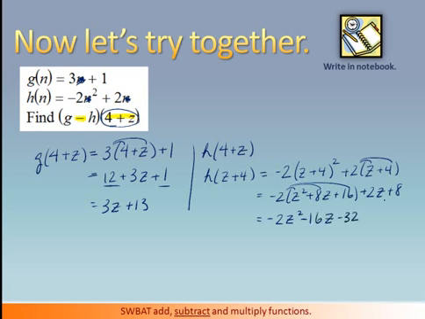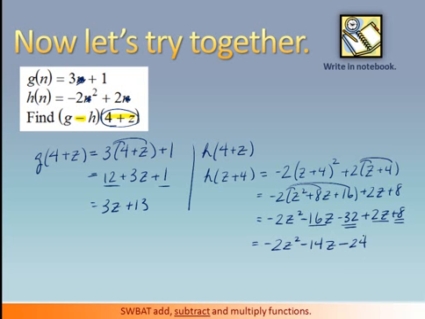I didn't do anything with these two terms, so I just carry them down. Now you're going to combine like terms. I don't have another z squared. I do see these two are like terms and these two are like terms. So minus 16z plus 2z gives me minus 14z. Negative 32 plus 8 will give me negative 24.